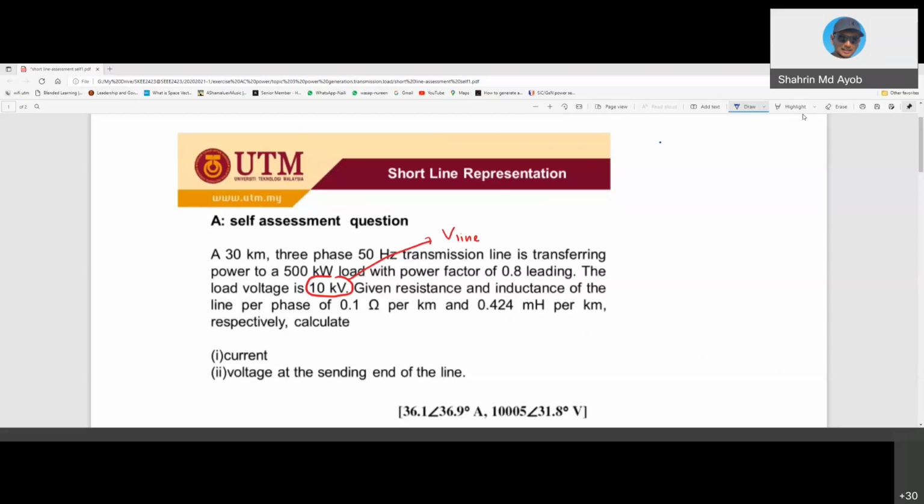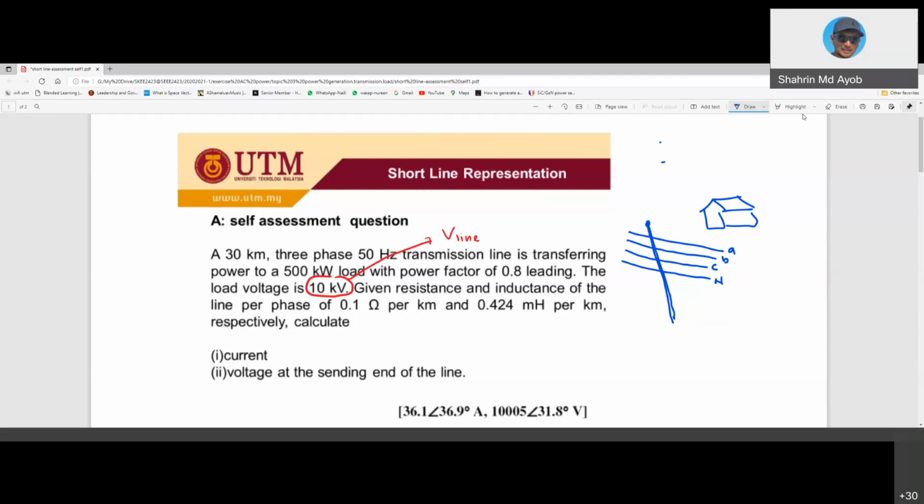I hope you already know that our load for the transmission line, for example, this is your residential home, and then you have the transmission line, where you have an electrical pole here. So this one is actually phase A, phase B, phase C, and also the neutral point.